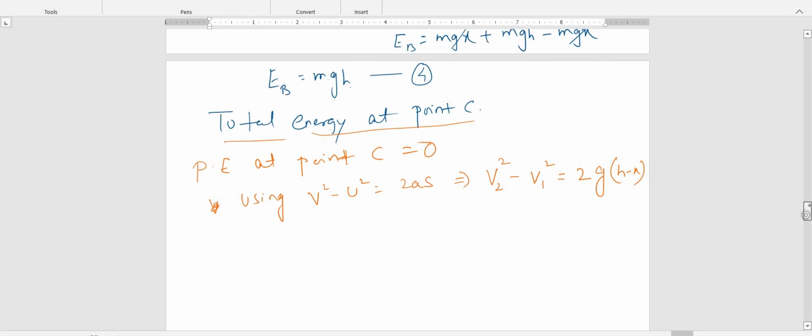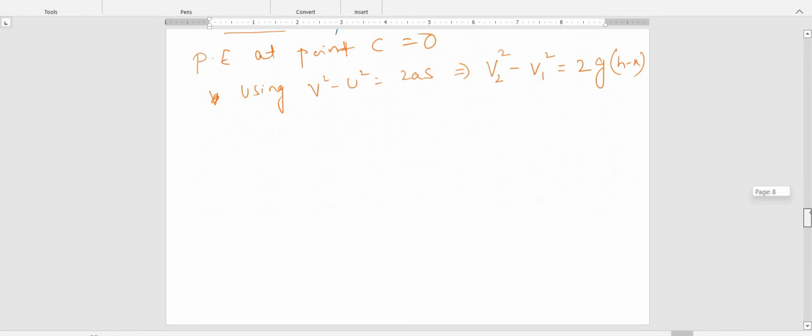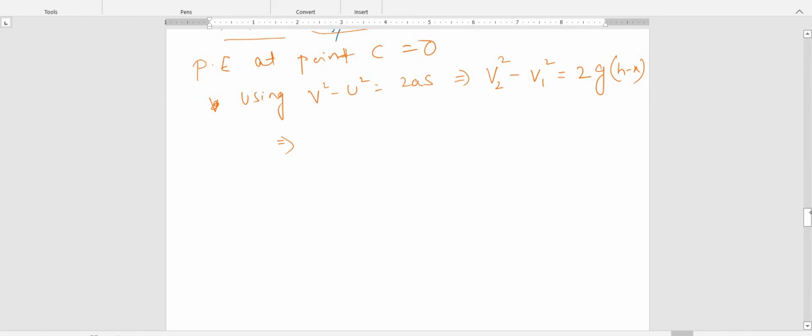Now what is v1 square? I have calculated the value somewhere here. See, this is v1 square. v1 square is 2gx, no? So this gives me v2 square minus 2gx, v1 square is 2gx, is equal to 2gh minus 2gx. So this 2gx cancels out. Write it in brackets, v1 square is equal to 2gx.